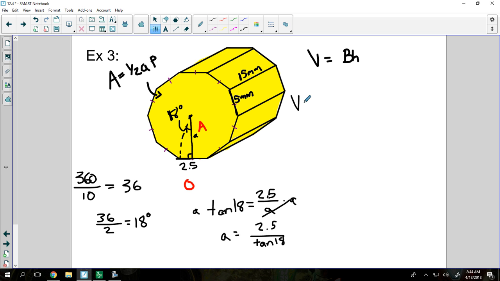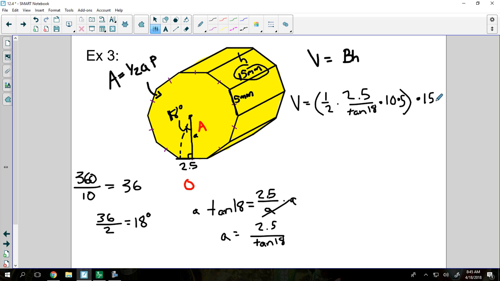So volume is going to equal area of the base, which is this thing, so a half times our apothem, which was 2.5 over tangent 18, times the perimeter, which I haven't found yet, but if there are 10 sides and each one is 5, I could do 10 times 5, times the height, which is base to base, so that would be our height.